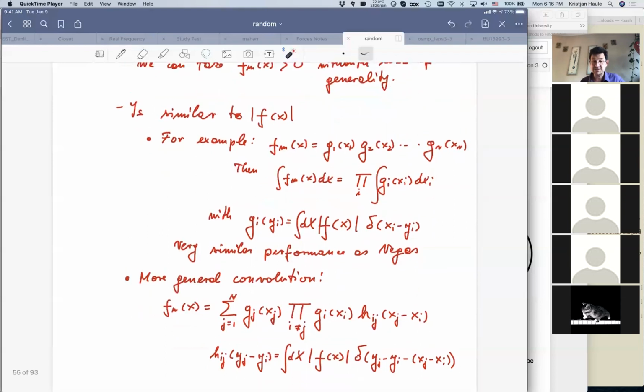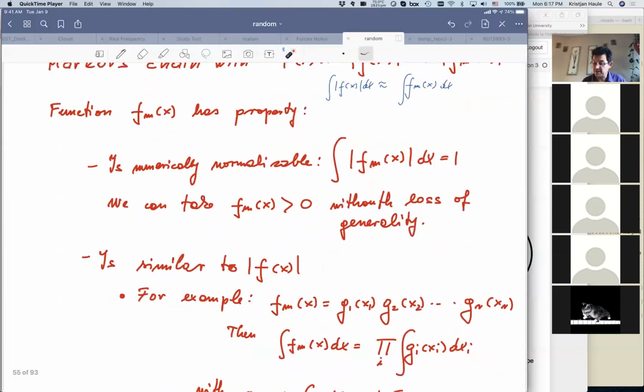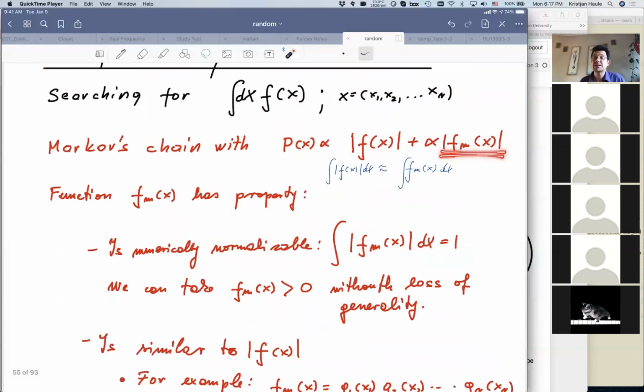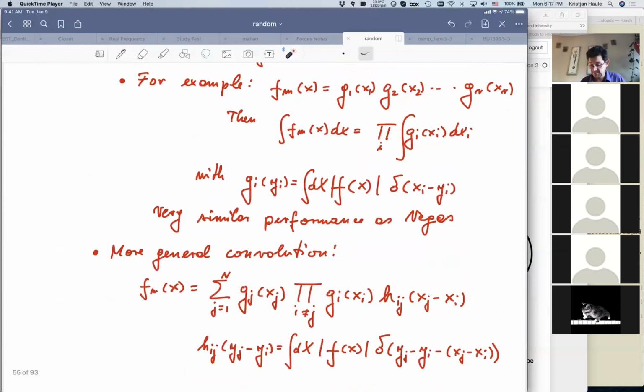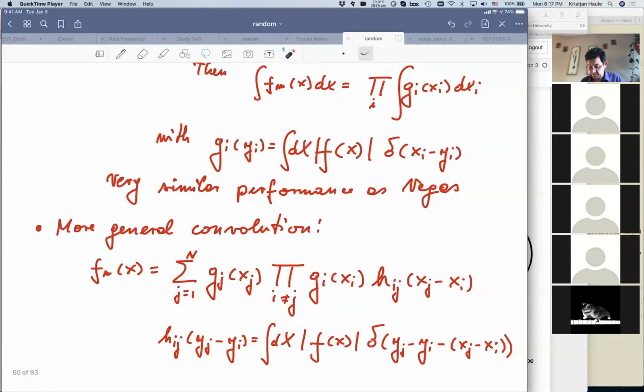Well, the usefulness comes from the fact that in this case, we can construct this function f. We have more freedom in constructing function fm. So this fm function could be more general convolution function or any other type of function. So for example, we could decide that the function fm is not going to be just a simple product function, gi xi product over all i not equal to j times gj xj.